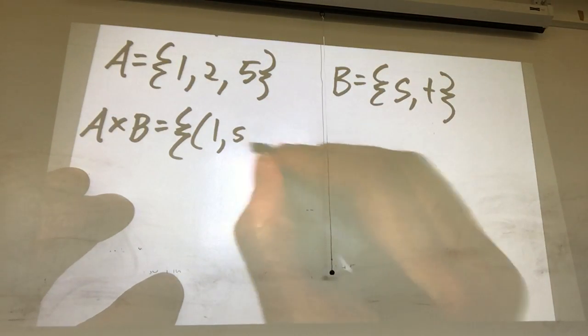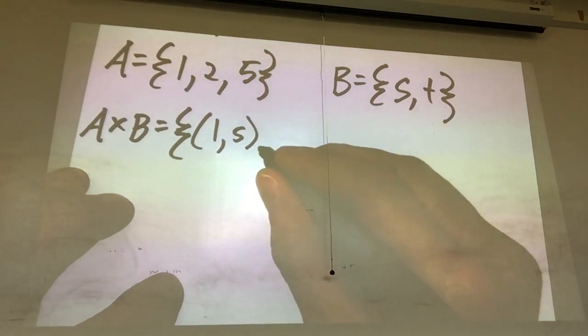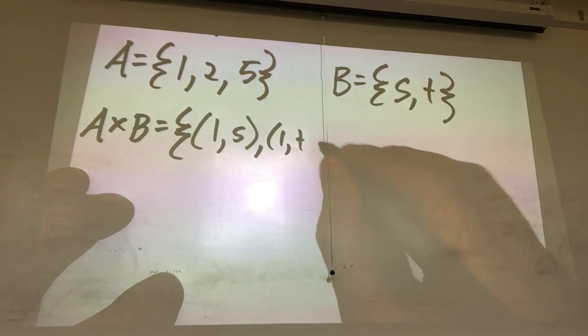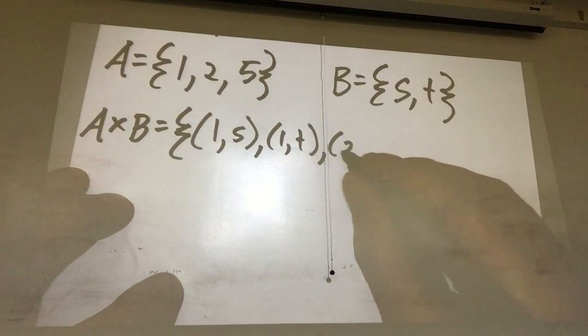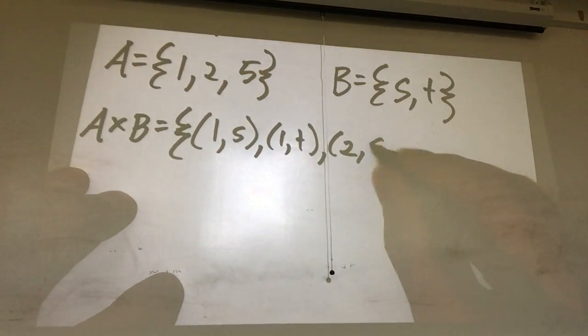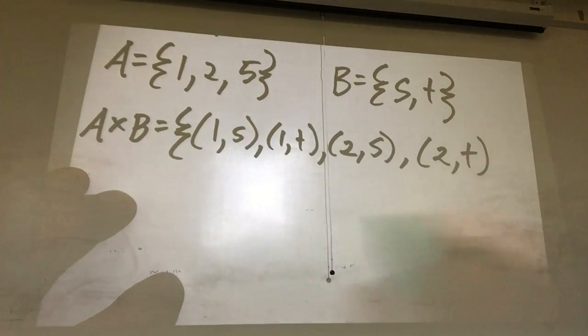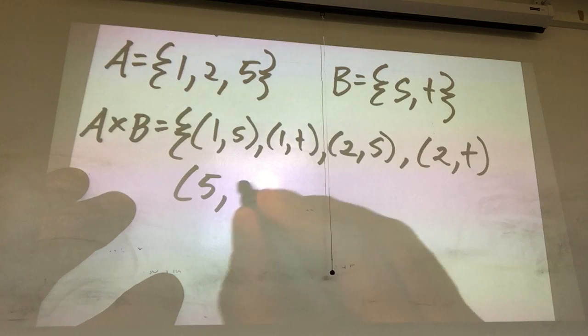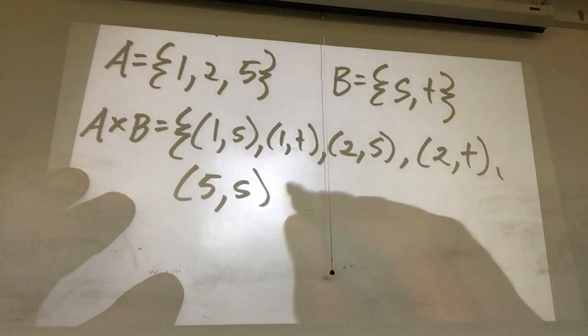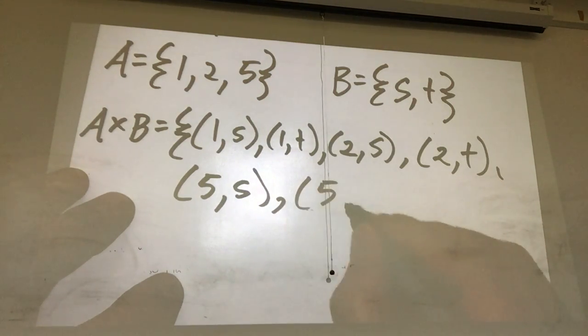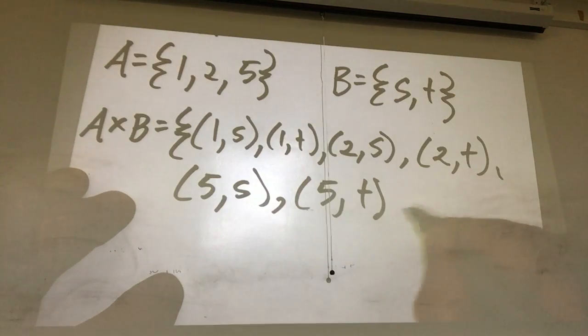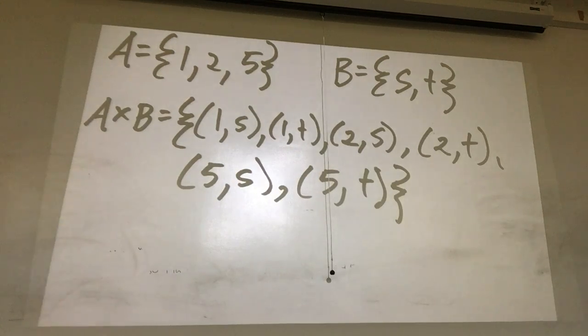So, let's start off like this. So (1,s), (1,t), (2,s), (2,t), (5,s), (5,t).